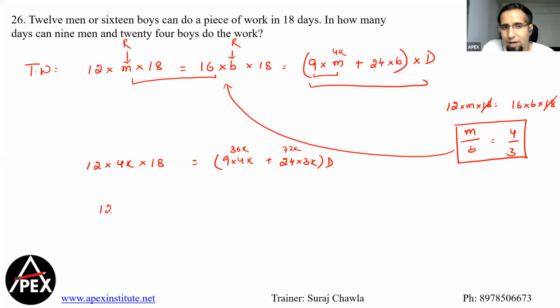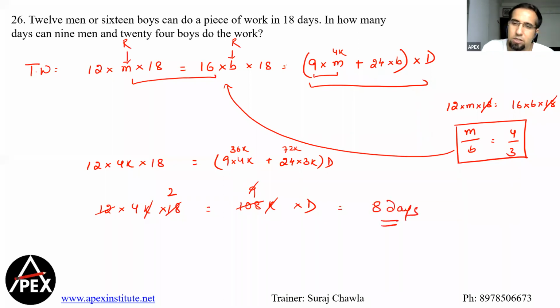Which means what do I have? I have 12 into 4K into 18 is equal to 108K into D. So K and K get cancelled. 12 ones are 12, 9 ones are 9, 2 twos are 4. Which means the number of days taken becomes 8 days. Any doubts here, guys? The last question of the day. Quick responses, please.